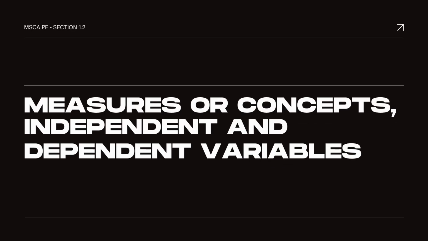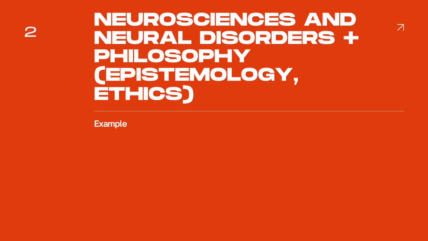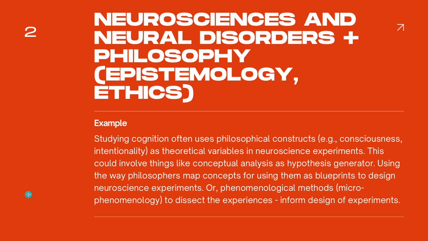Next up, let's talk about measures and concepts. Innovation comes from treating your independent and dependent variables as operationalized theoretical constructs, which perhaps need to be deconstructed and reconstructed again. So ask yourself, for example, what philosophical and theoretical frameworks can guide how I define and operationalize my variables? In a neuroscience project, you might partner your research with a philosophical methodology.